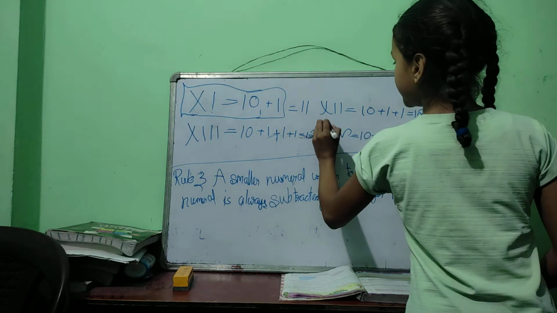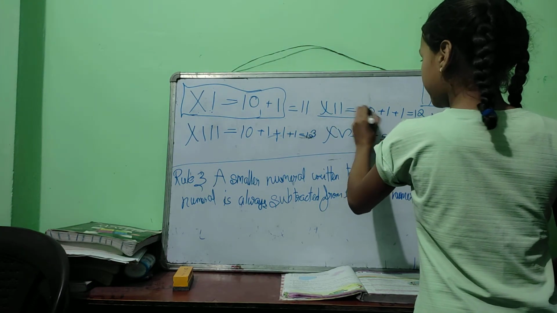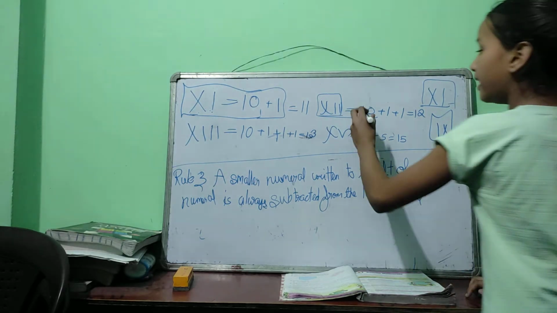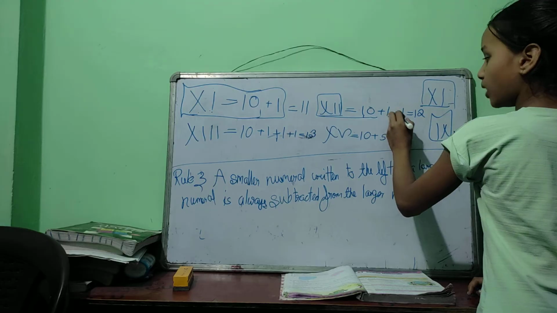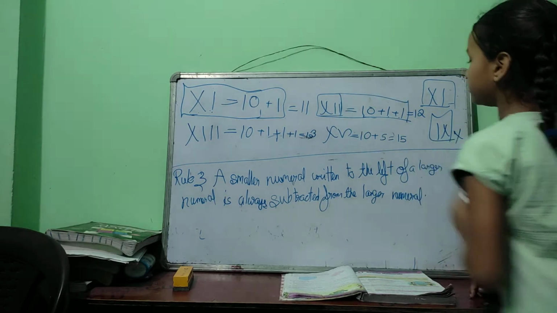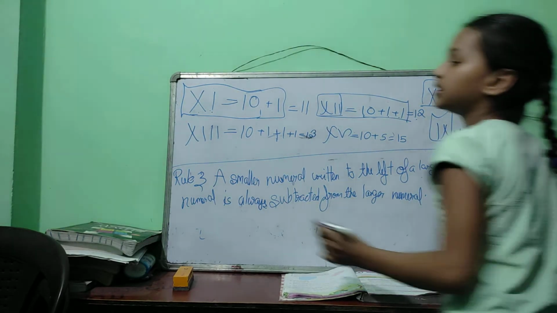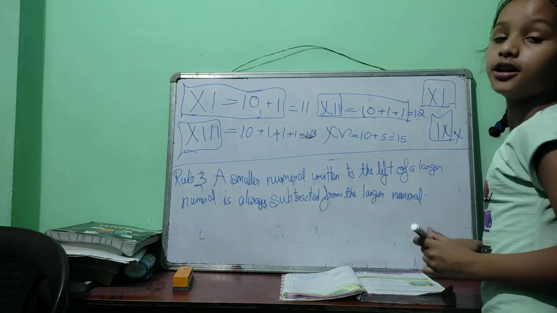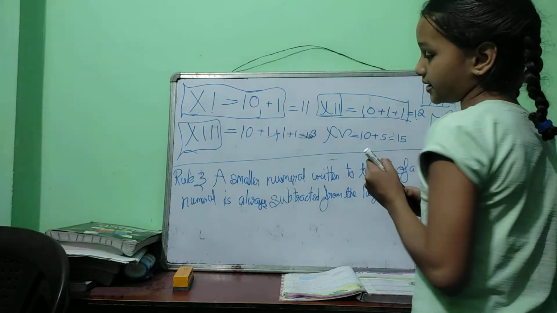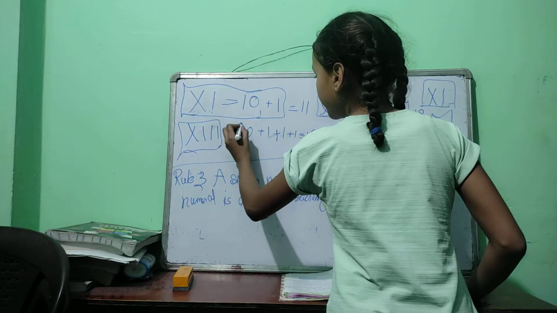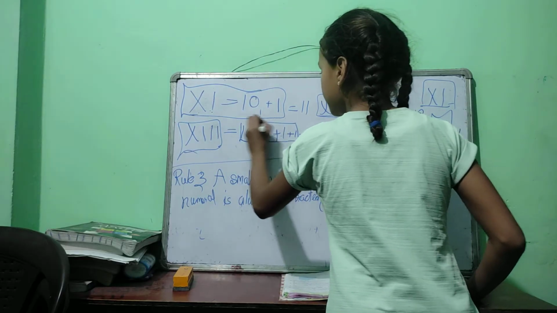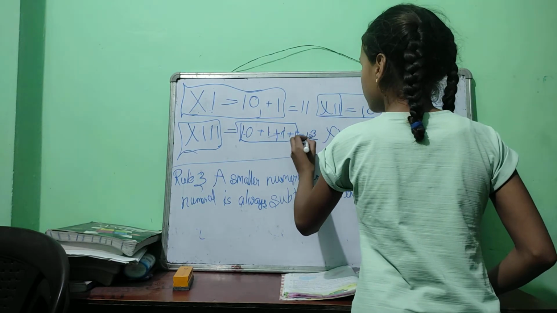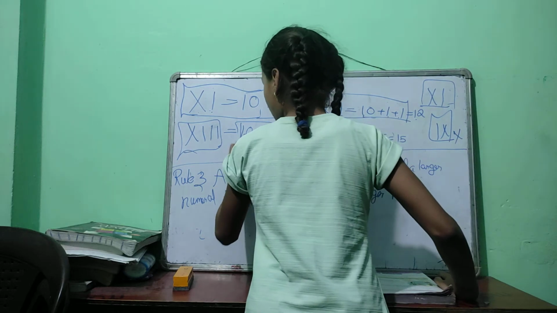Now, the next digit. This is the Roman numeral 12. 10 plus 1 plus 1 is equal to 12. Next, this is the digit 13. Now, the equation of this is 10 plus 1 plus 1 plus 1 equals 13.